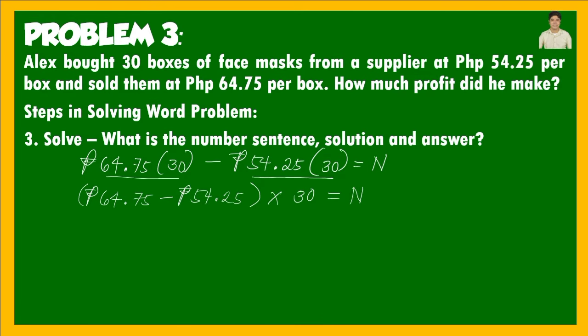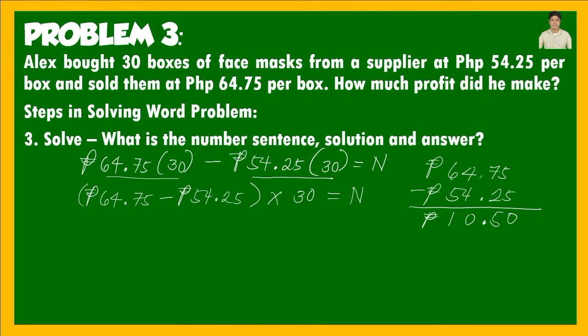So, let's subtract. Let's do the faster one. 64 pesos and 75 cents minus 54 pesos and 25 centavos. So, 5 minus 5, we have 0. 7 minus 2, 5. 4 minus 4, we have 0. 6 minus 5, we have 1.